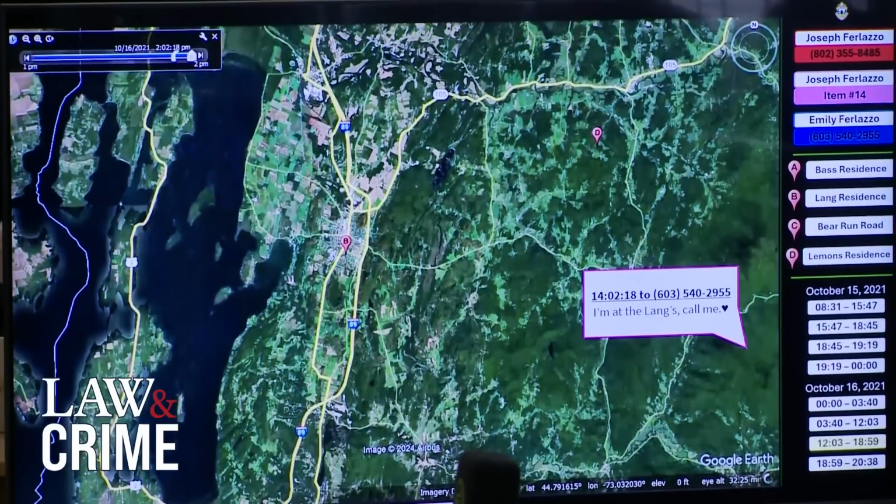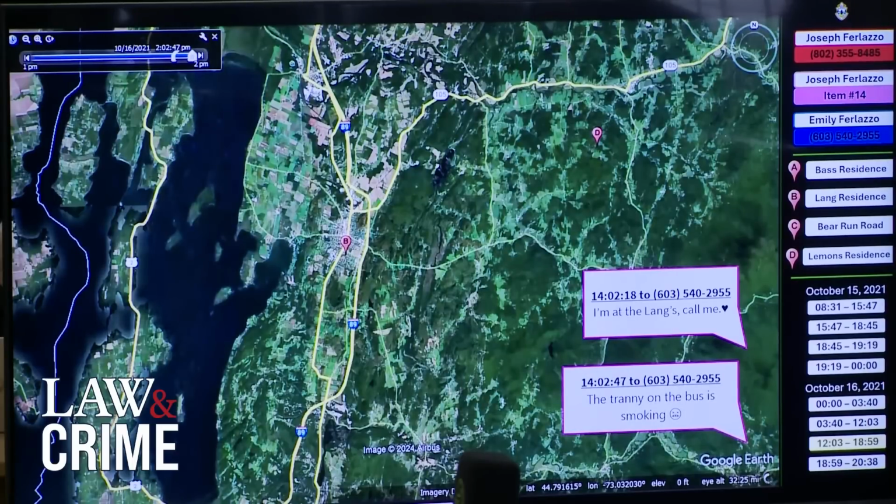At 202 is an outgoing message to Emily's number from item 14. During this time while I was doing my analysis, I didn't see a change in cell site usage. There's a second message to 2955 at 202 to Emily's number.